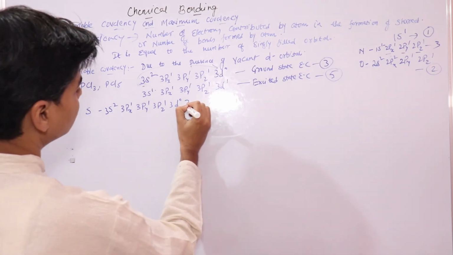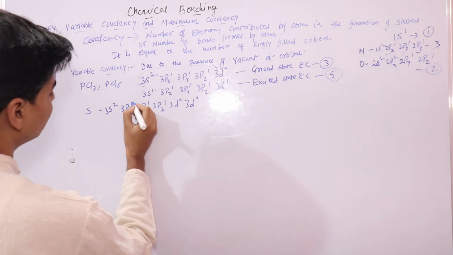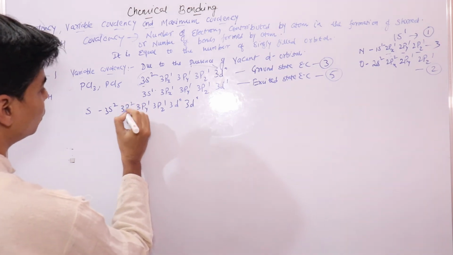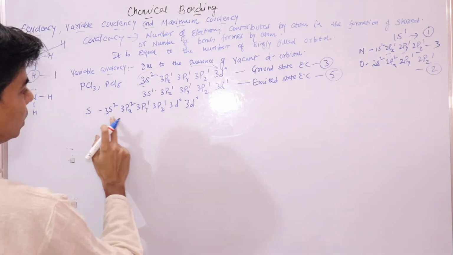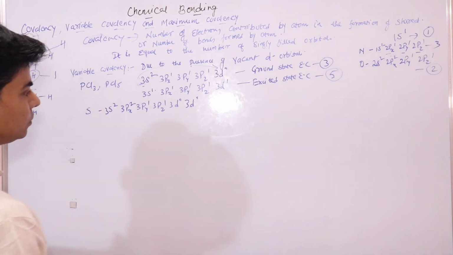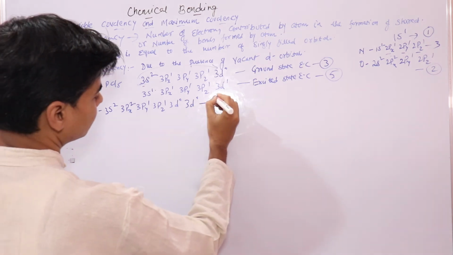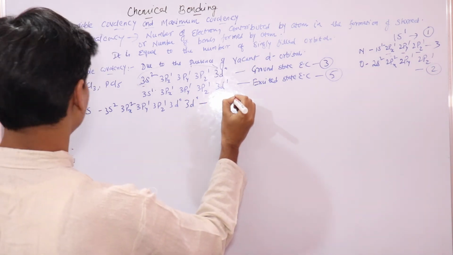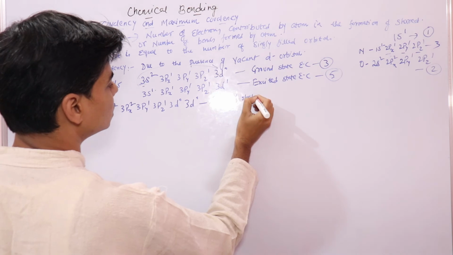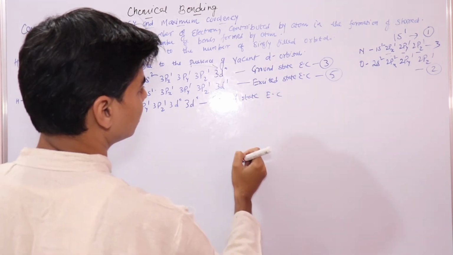I'm sorry, it has 3 vacant d orbitals, and here it is 2, right? 1, 2, 3, 4, 5, 6, right? So this is the ground state electronic configuration, right?